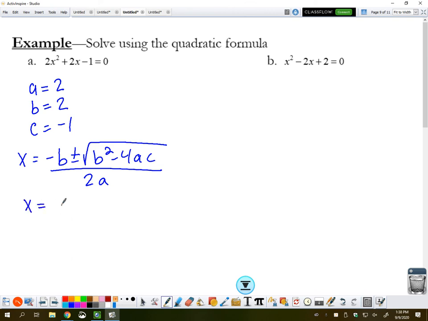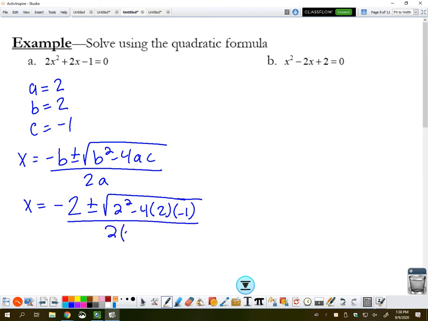So we have negative 2 plus or minus the square root of 2 squared minus 4 times 2 times negative 1, all over 2 times 2. All right, so negative 2 plus or minus the square root of something over 4.